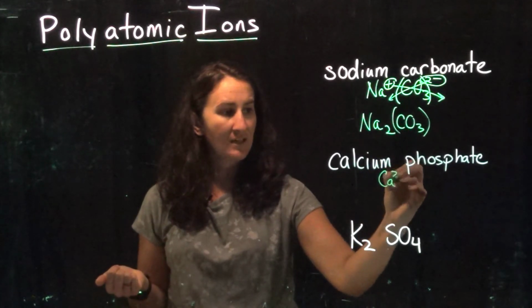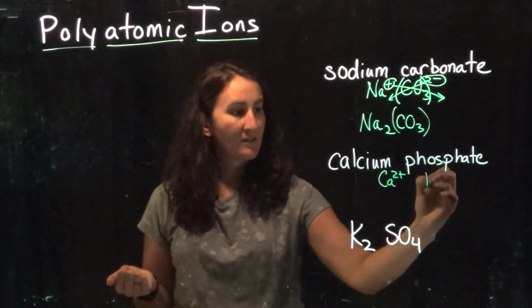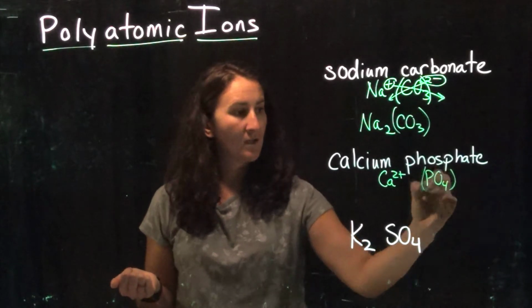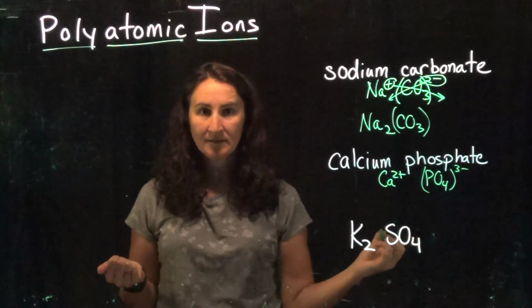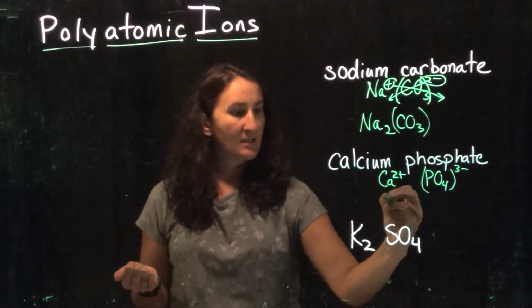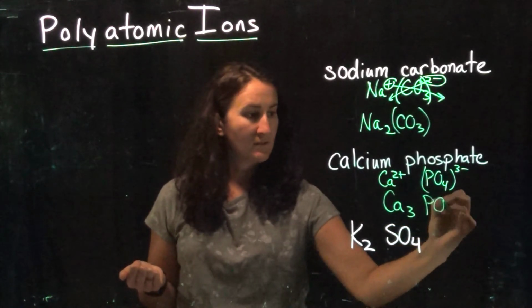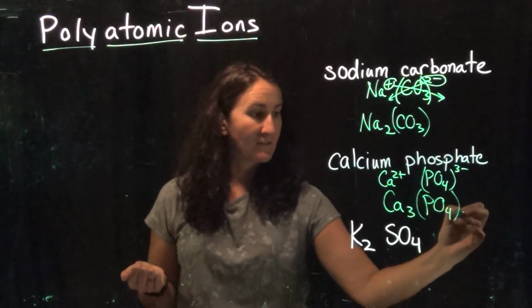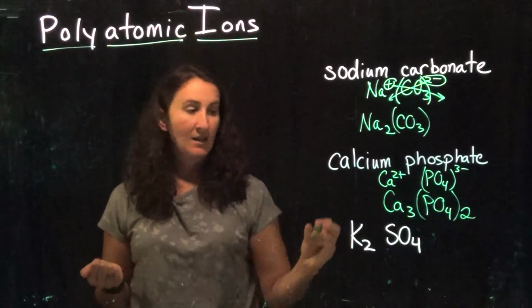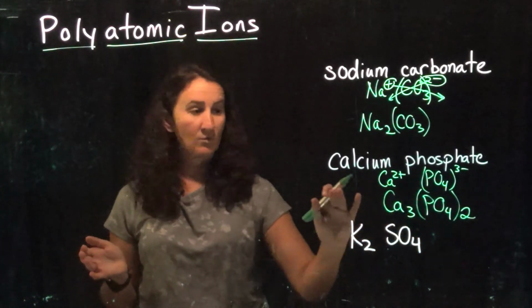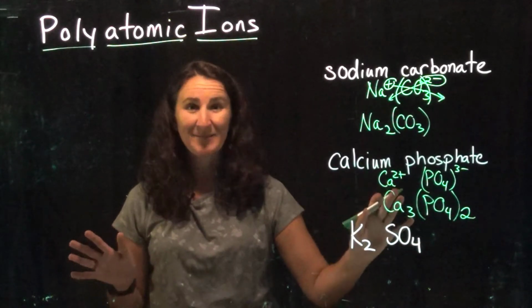Calcium, Ca2+, phosphate, PO4 3-, and now we cross those charges. So the calcium ends up with a 3, phosphate, I'm going to put those parentheses, gets a 2 on the outside, and you're done. It's really that simple and that complex all at once.